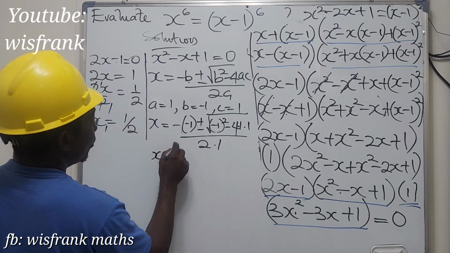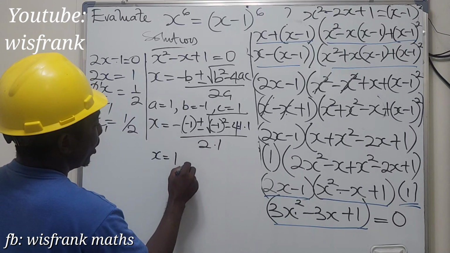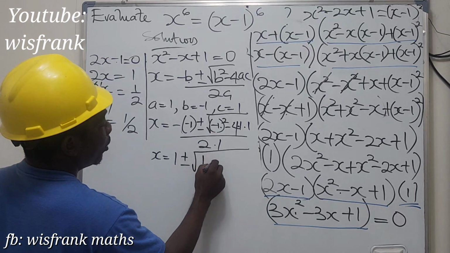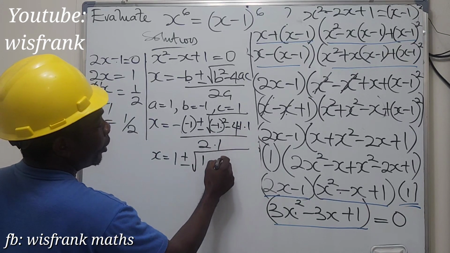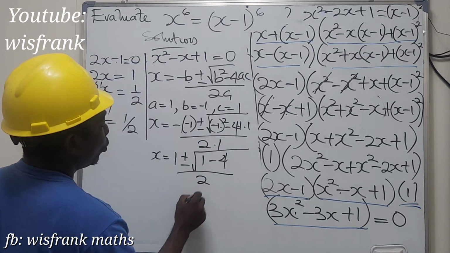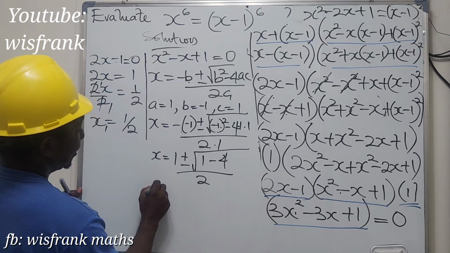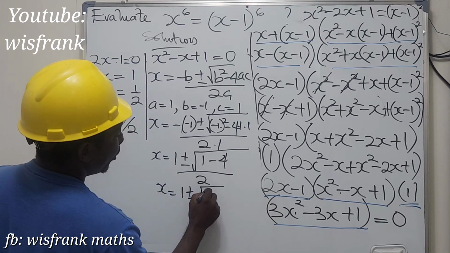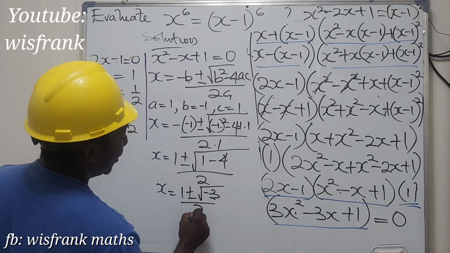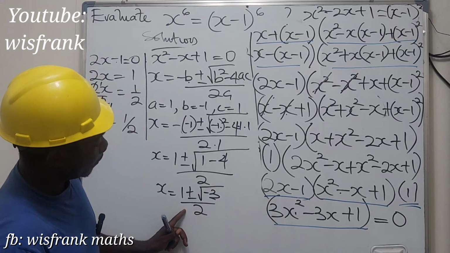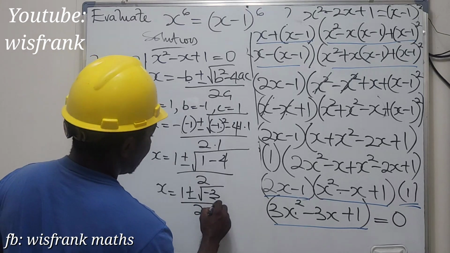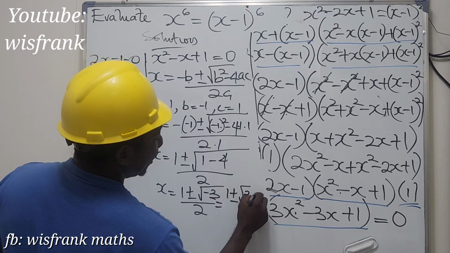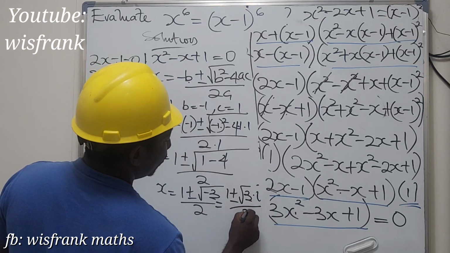So x here equals minus times minus 1 is 1, then plus or minus square root of 1 squared is 1, minus 4 times 1 times 1 is 4, all over 2. In that case, our x equals 1 plus or minus square root of minus 3 all over 2. So here, we can rewrite it as 1 plus or minus square root of 3 times i all over 2.